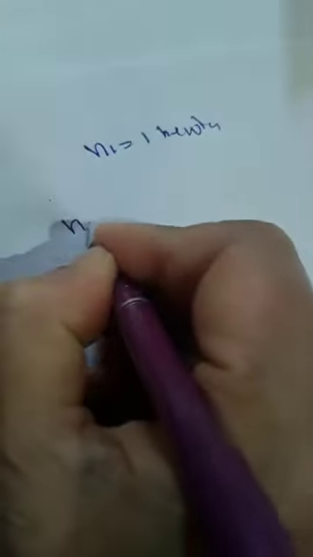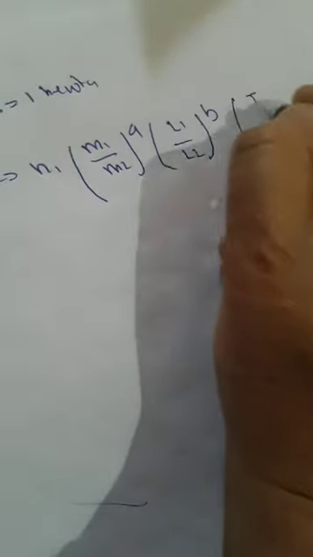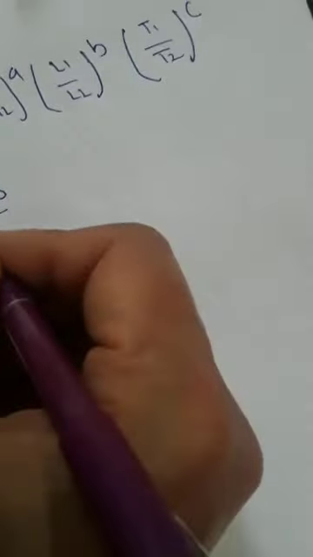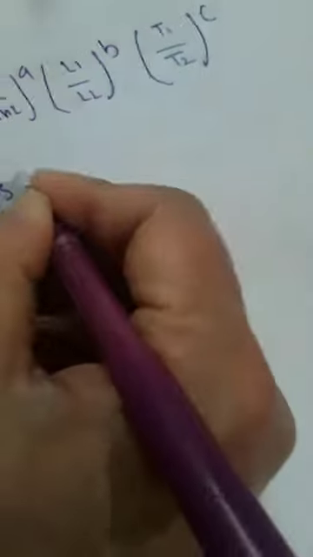The formula is N2 is equal to N1 into M1 divided by M2 raised to the power A, L1 divided by L2 raised to the power B, T1 divided by T2 raised to the power C. Here N1 is equal to 1 Newton, M1 is 1 kg, mass in kilograms, M2 is mass in grams, 1 gram, raised to the power A. We have already calculated the value of A. A is equal to 1.